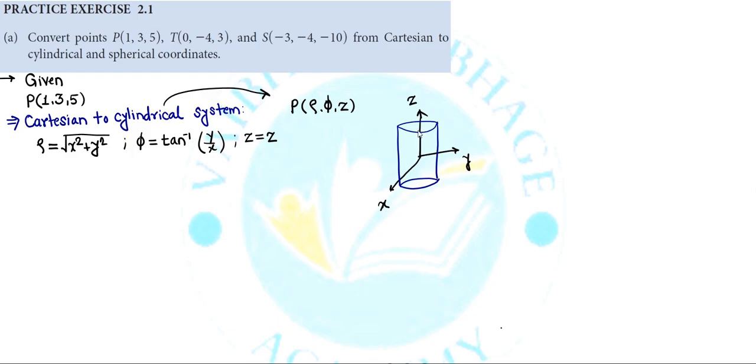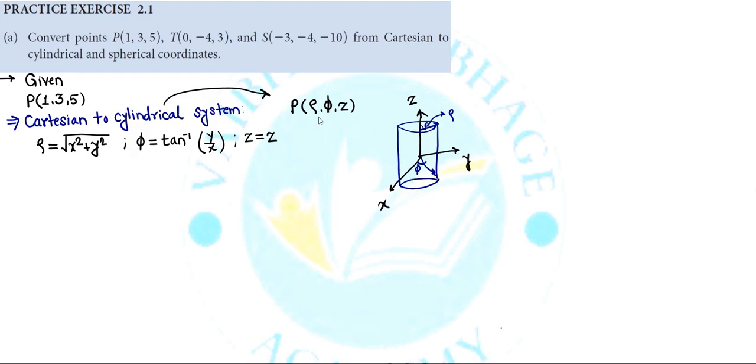That cylinder will have some radius starting from the z axis up to some point over here, and that radius is indicated by rho. So rho is nothing but the radius of your cylinder. Then that radius makes some angle with respect to the axis. The angle made by this radius to the point on the cylinder is indicated by some angle phi.